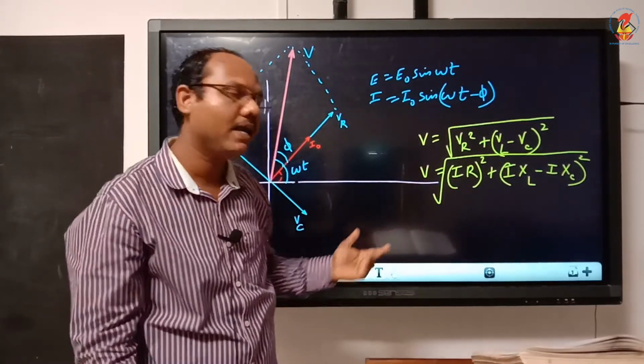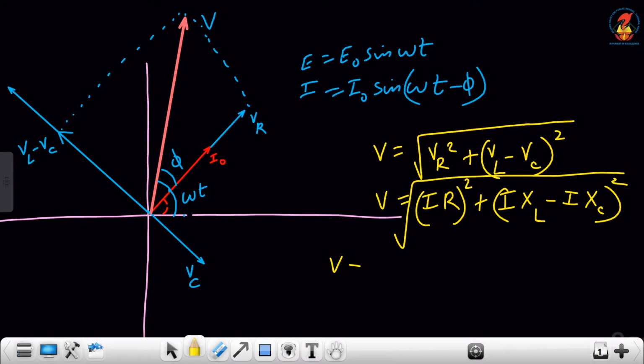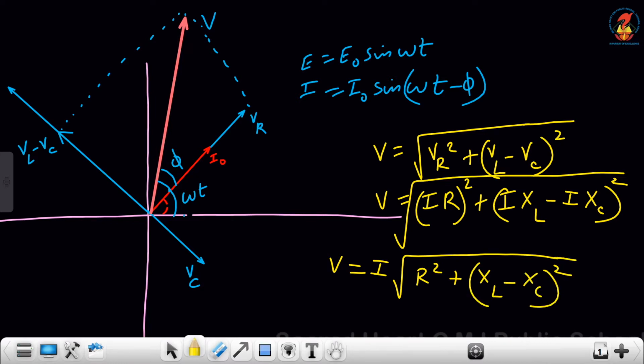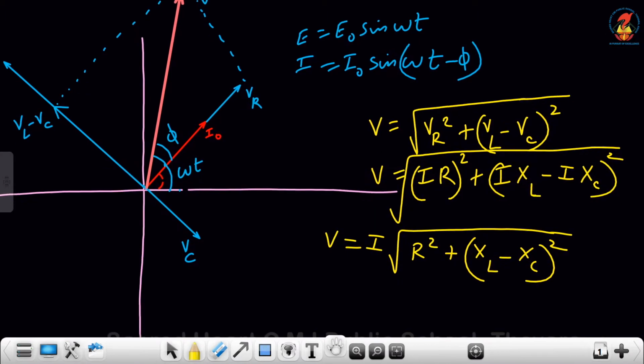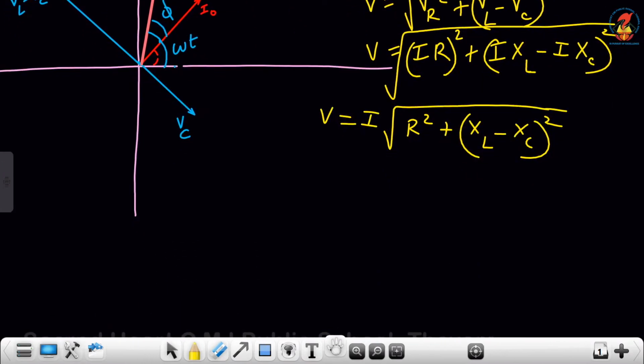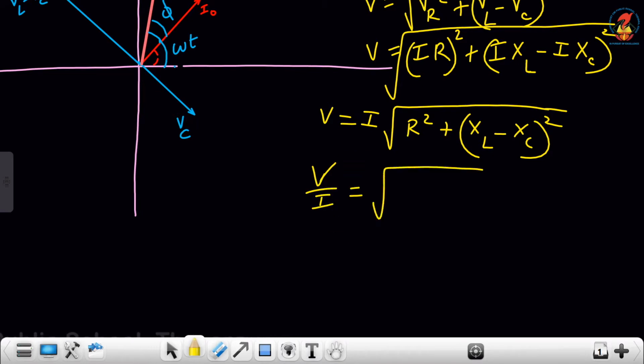So V is equal to I into root of R square plus (XL minus XC) whole square. In the next step, V by I is equal to root of R square plus (XL minus XC) whole square.